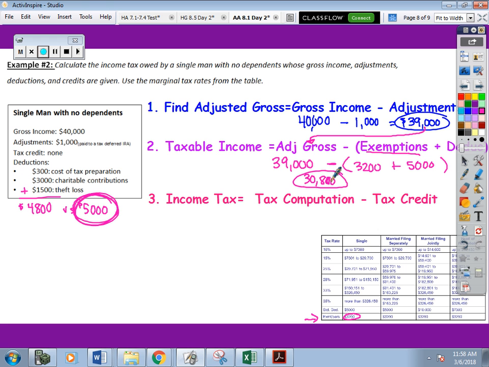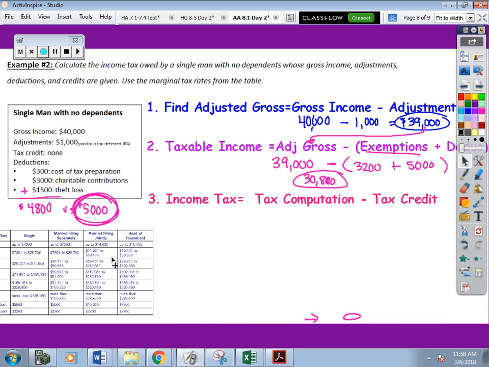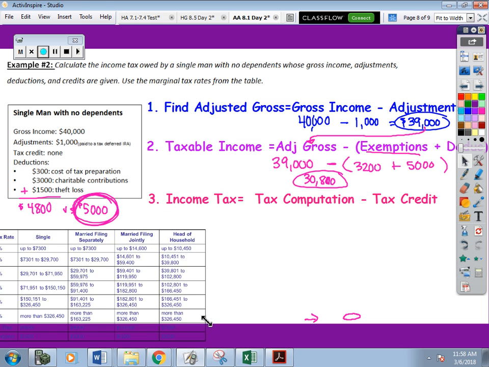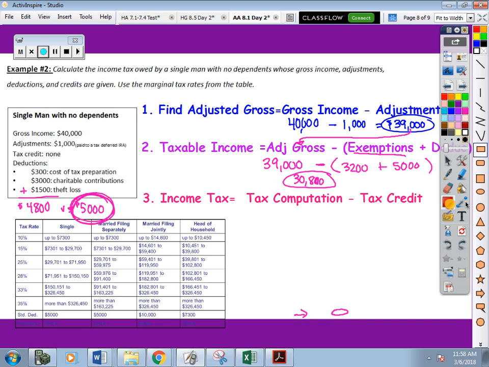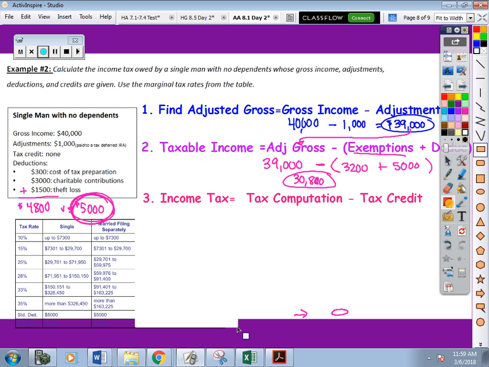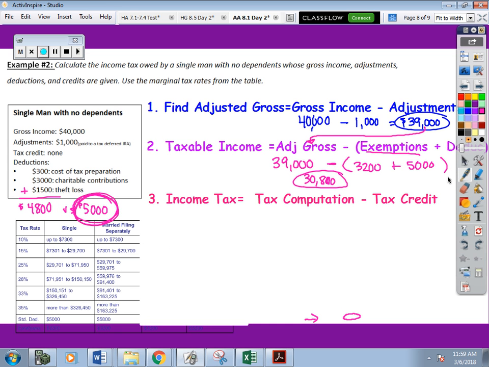Now the tax computation. So again, you want to be on the back of your tax chart this time. Make this a little bit bigger. And I'm actually going to cover up that column because I don't need it. The only one I'm using is my single column. You start at your 10% and you work your way all the way up until you get to the number that you found in part 2.